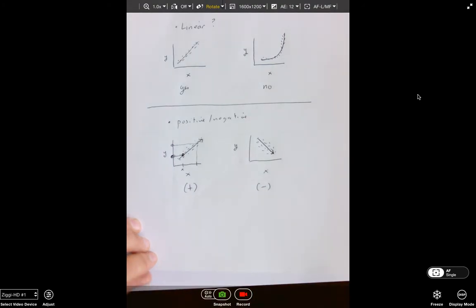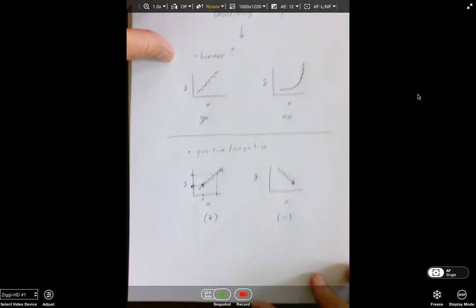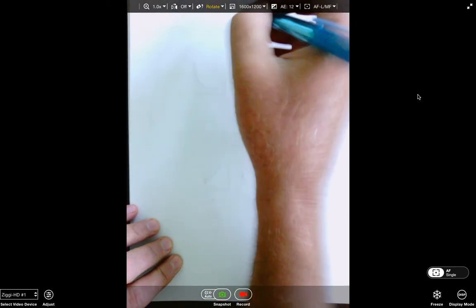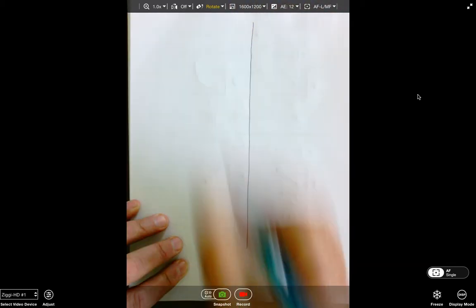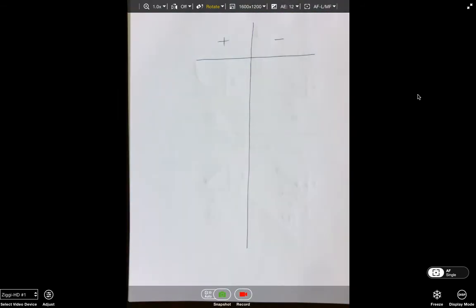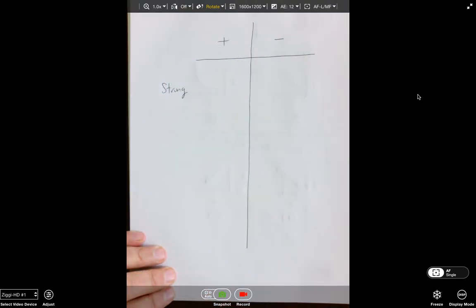Okay? Now, the next thing we want to be able to do is get into describing the magnitude of the relationship. And I like to pretty much just think about these in terms of positive and negative. So the first thing I want to look at is a strong relationship.